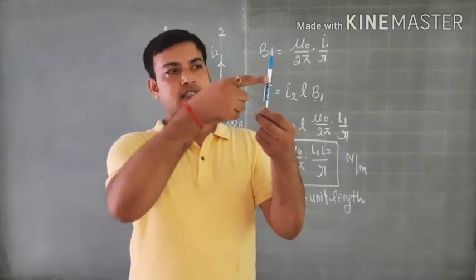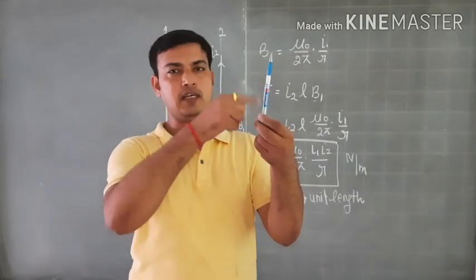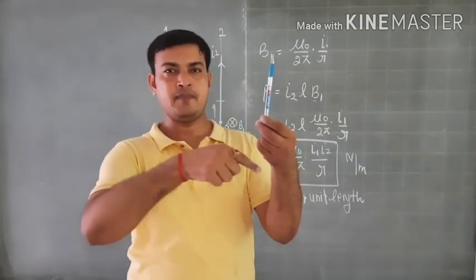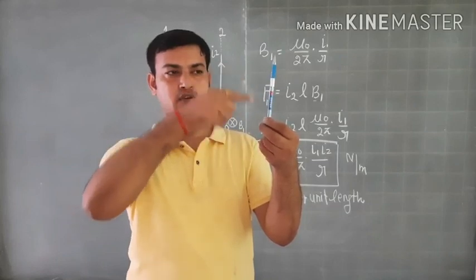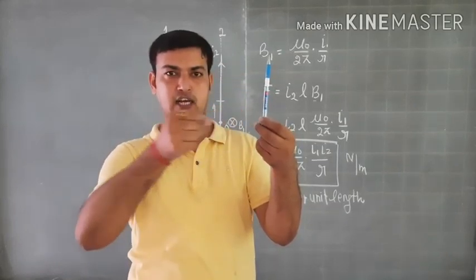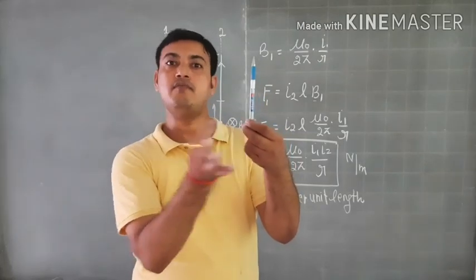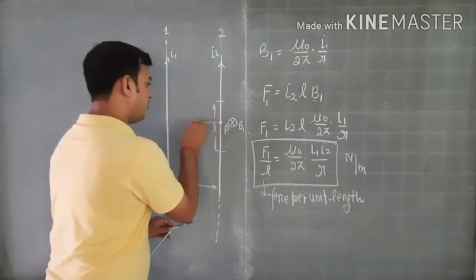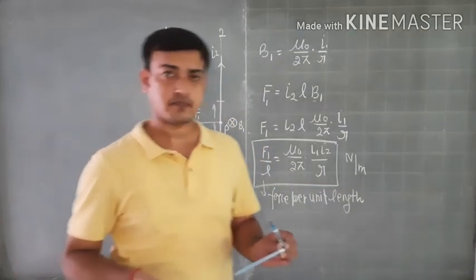If I take the direction from L to B, then according to me it is anti-clockwise. And for anti-clockwise, I told you if you rotate the screw in the anti-clockwise direction, it will come out. So according to this, it is the direction of force that will act on this wire. So the force will be in this direction, that is F1.